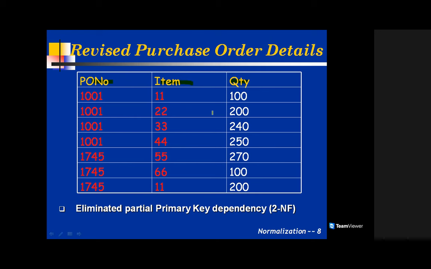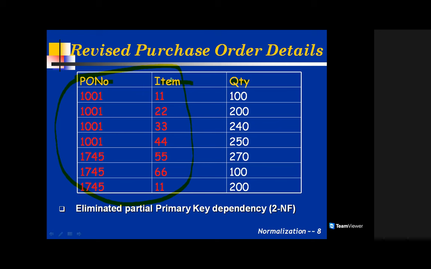Now you have got two tables. In this table, what is the primary key? Again, these two will make a composite primary key. Can I use second normal form on this table? The answer is yes. What is the second normal form? Non-key attributes fully functionally dependent on the entire primary key.